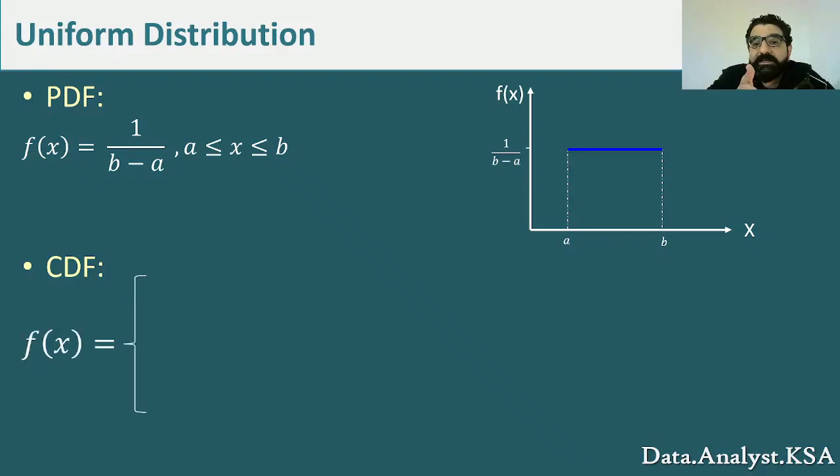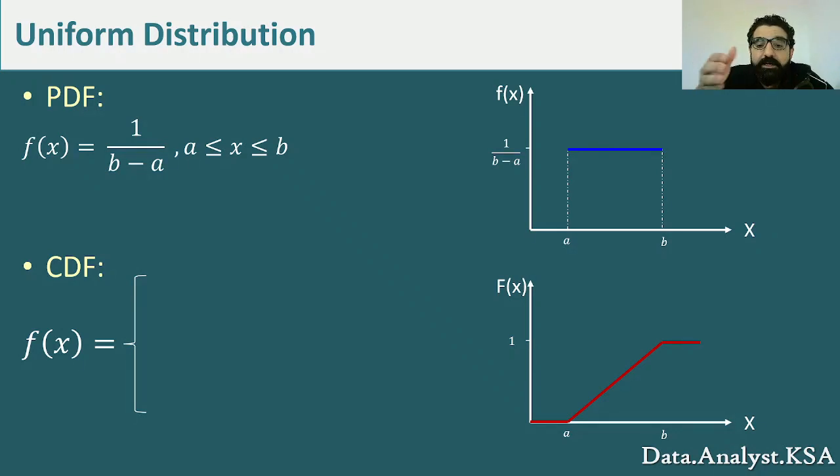What about the probabilities before A? If x is smaller than A, I will have 0 value, because I have no density or no numbers in my population that are below A, so everything will be 0. And anything that is above B, so if you remember the cumulative distribution function definition, it's the probability of x being less than a value.